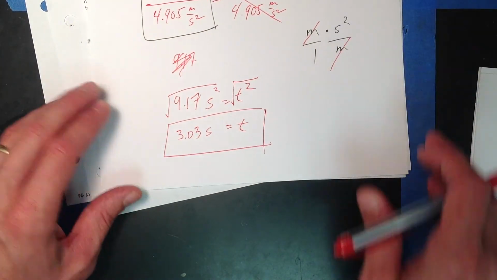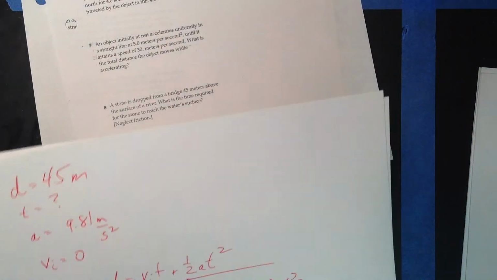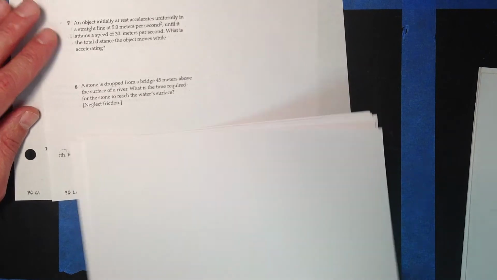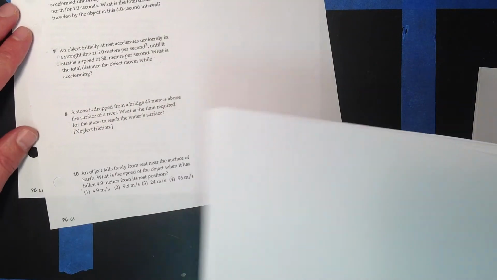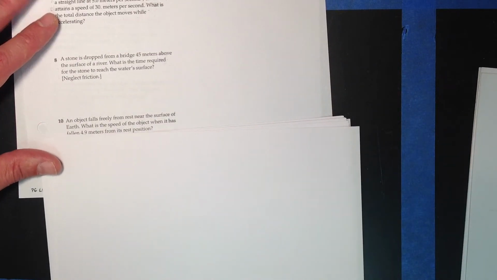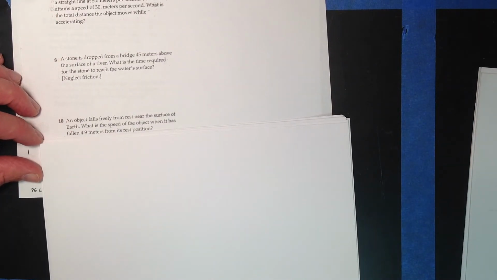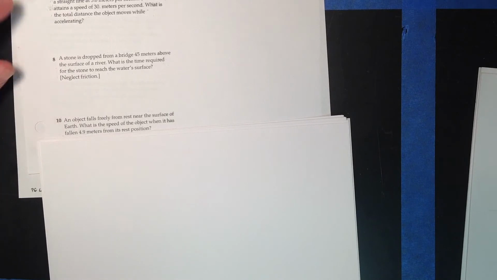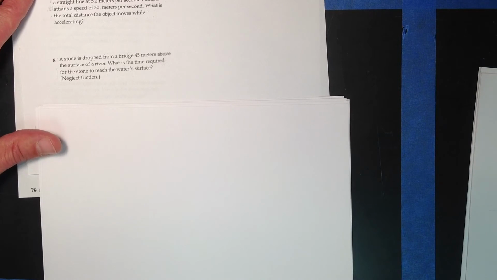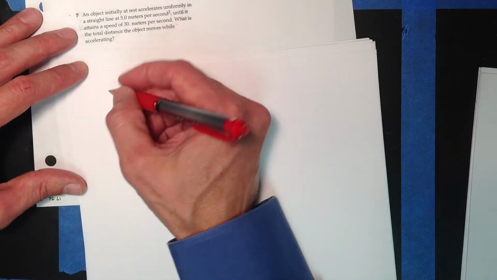Okay. This video is getting a little bit long, and I think I did a lot. Hopefully you're on a bit of a roll. For the last one, number 10, I'll just tell you the formula you need.